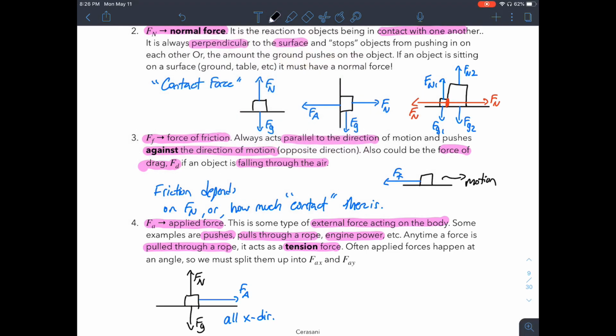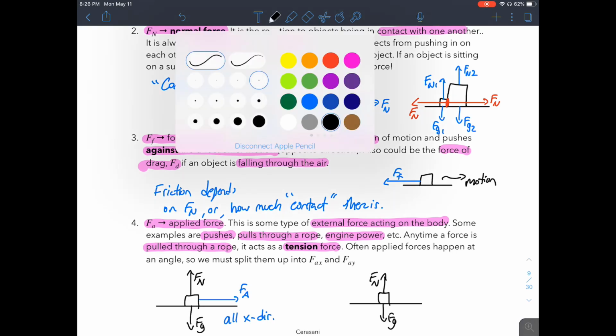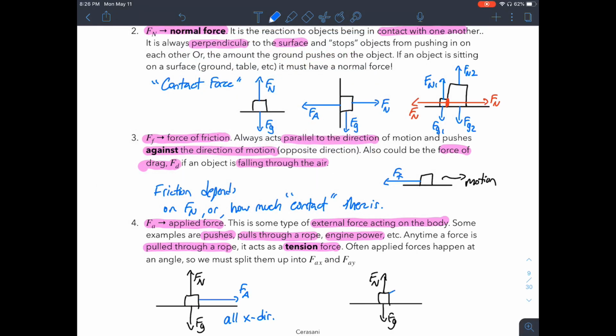But where this applied force gets tricky is if you start pulling an object. Let me add in this force of gravity and normal force, which exist no matter what. But if you start pulling an object at an angle like this, we can't do much with angles in a free body diagram.